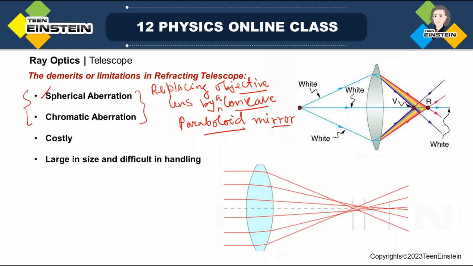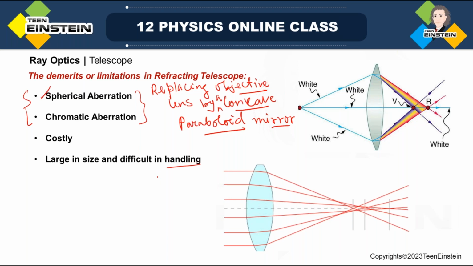And since it is of very large size, a lens becomes very heavy and was difficult to mount mechanically. But a mirror having a large aperture is comparatively less heavy than lenses. Therefore it is easier to hold and mount mechanically, and easier to handle also, because the weight is much less than that of lenses.